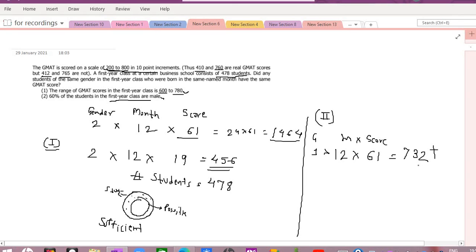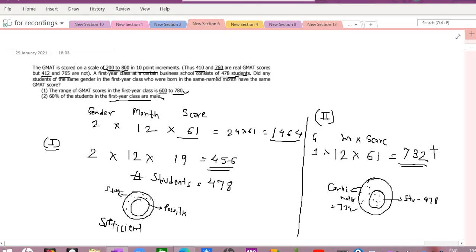So my point is that you don't need to calculate, because from here you can quite clearly see that the total possible unique combinations are 732, and the number of students is really less, just 478. So it may or may not be possible here.